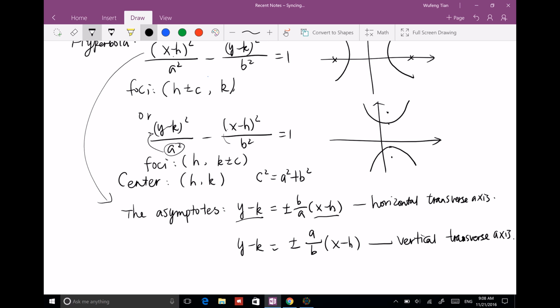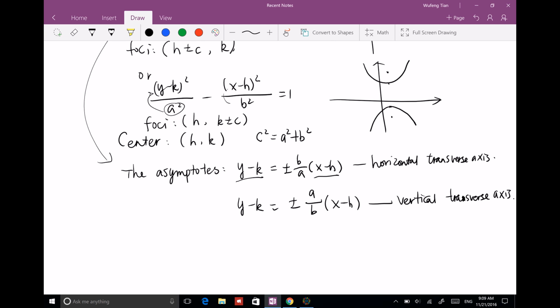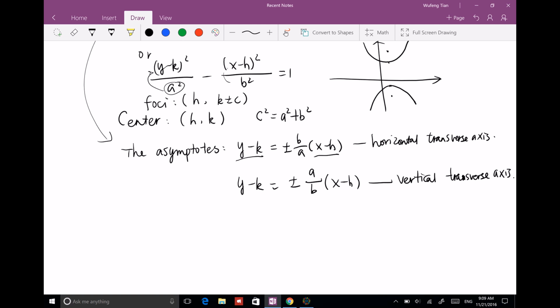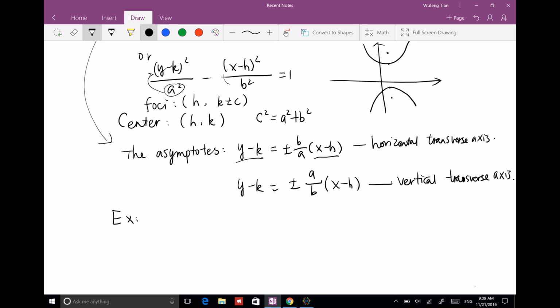Alright, this is what I did in the previous class. Today we're going to look at another example before we move on: 9x squared minus y squared minus 36x minus 6y plus 18 equals 0.